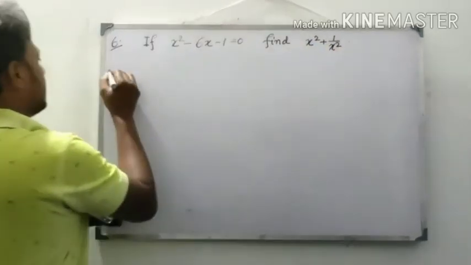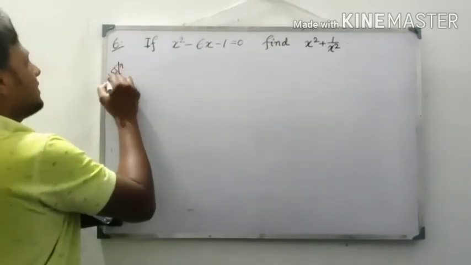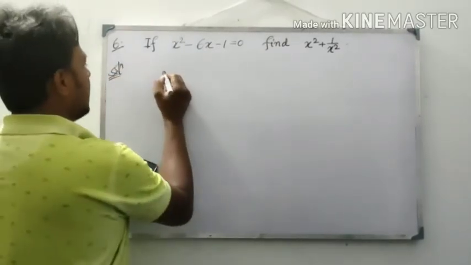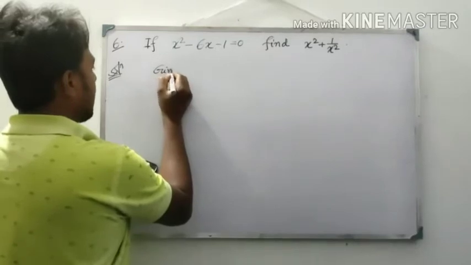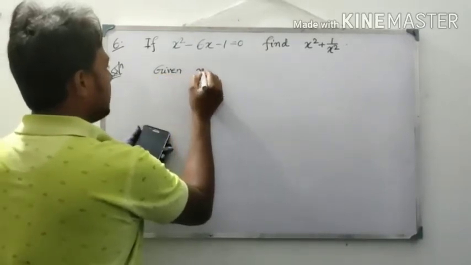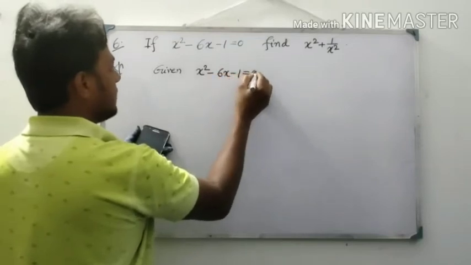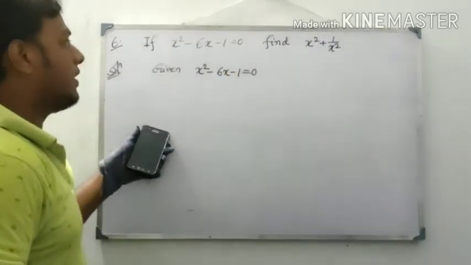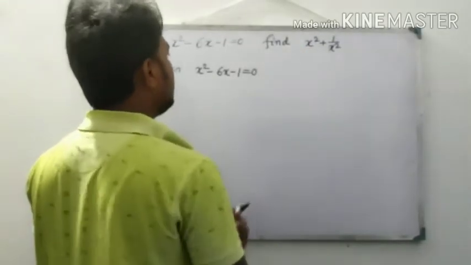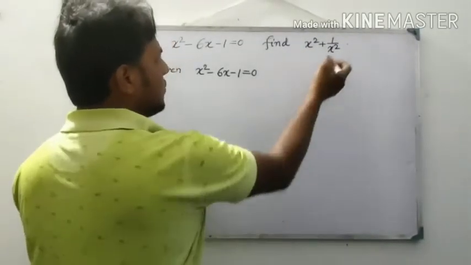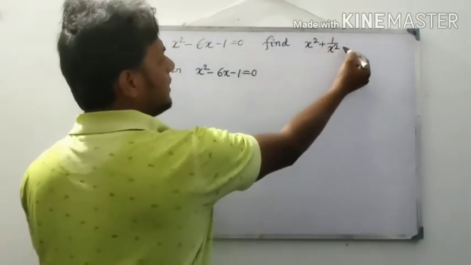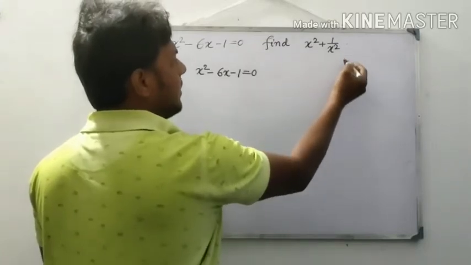Okay, solution. So what is given here? Given is x square minus 6x minus 1 equals to 0, and you have to find out x square plus 1 by x square. To find the value of x square plus 1 by x square, just remind the previous one.